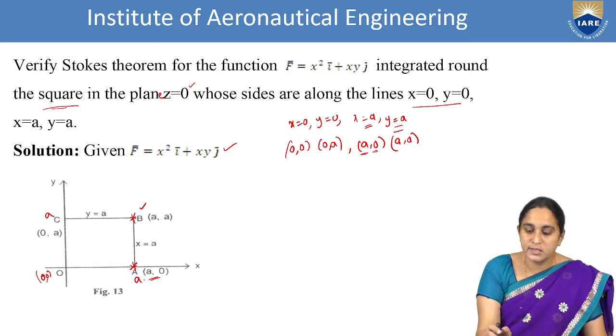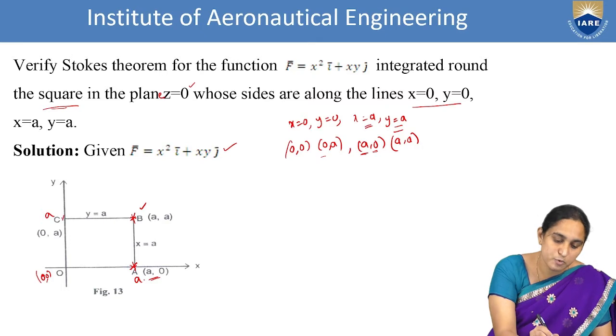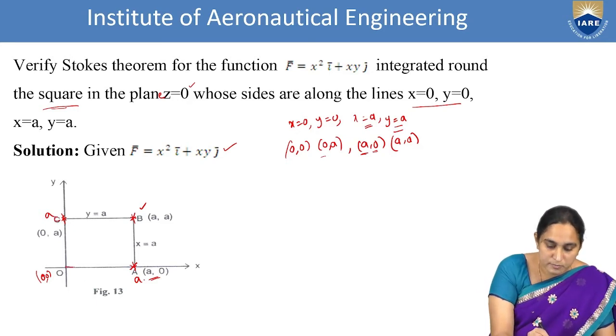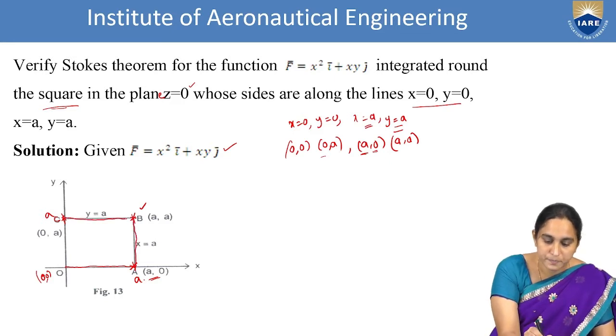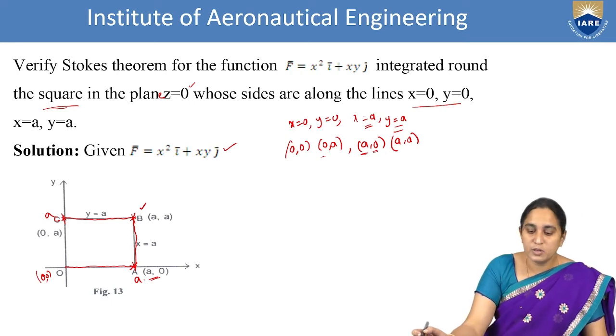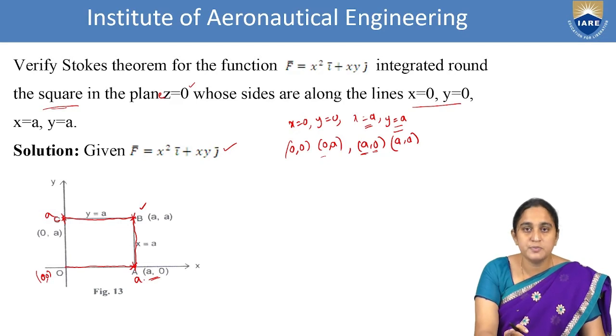And one more point, at x is 0 and y is equal to a, let us assume that as the C point. Now draw the diagram by joining all these points, that is OABC. From the given lines, we got the diagram in the form of a square.